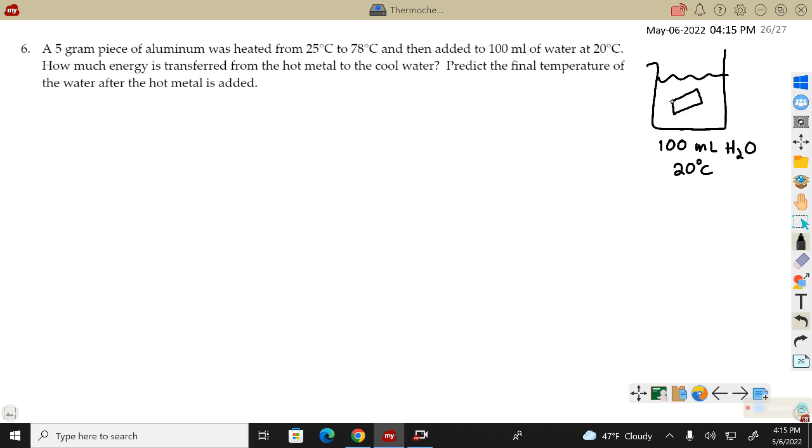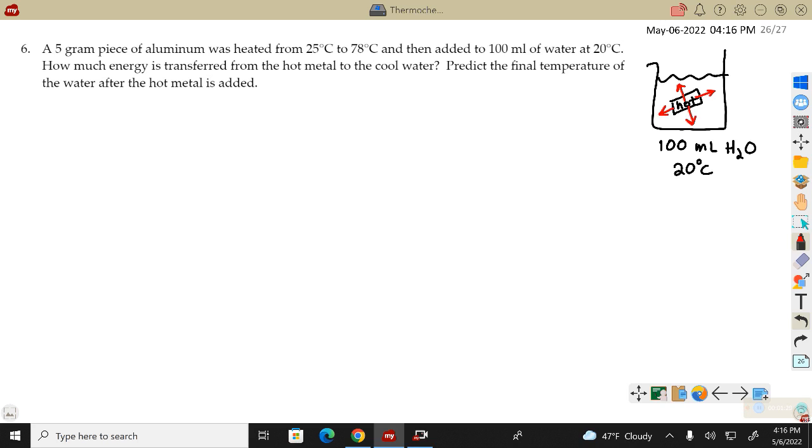Here's my hot metal. Well, if I put this hot piece of metal in some cold water, I've got to think about the direction of the energy flow. Energy always flows from a warm object to a cooler object. So that hot piece of metal is going to transfer heat to the water.